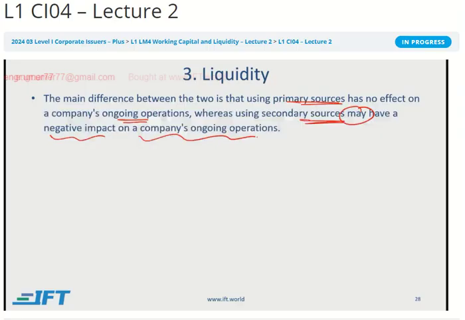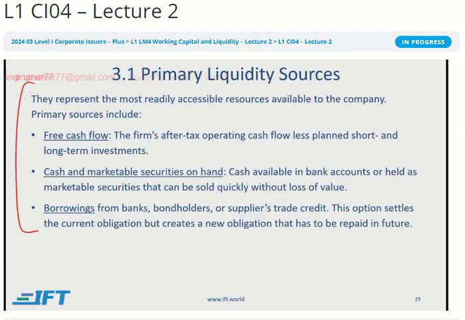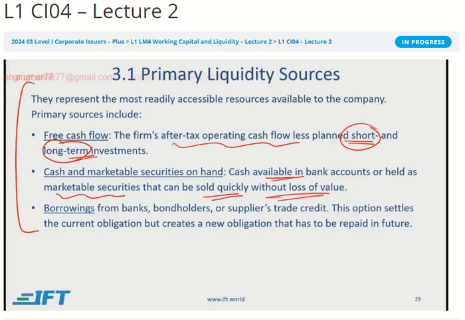Now, within primary liquidity sources, you've got the cash that the company is generating, net of any investments that it has to make, whether short term or long term. It also includes any cash that is available in the bank or any securities such as bonds or stocks that can be sold quickly without much loss of value.